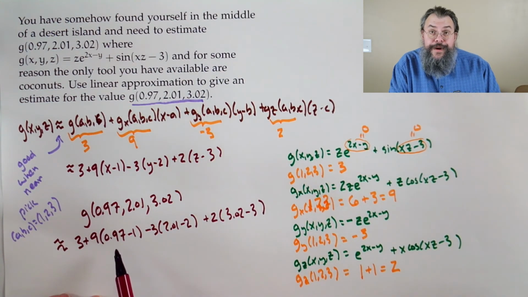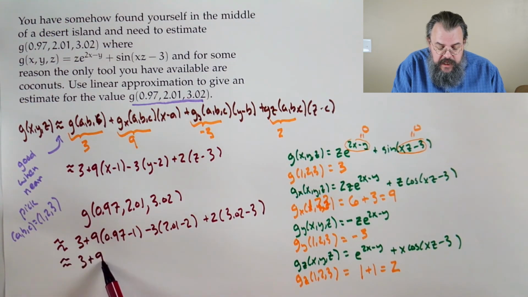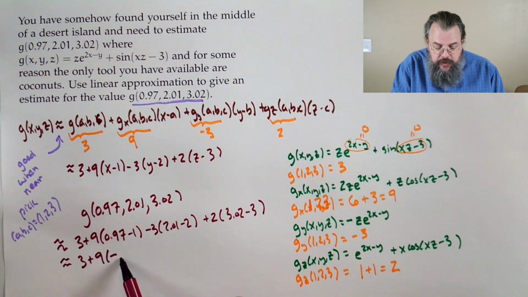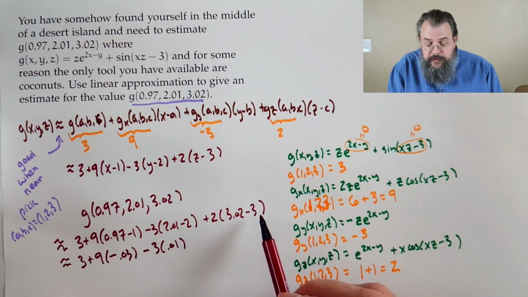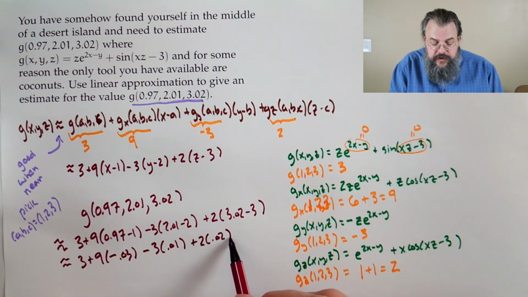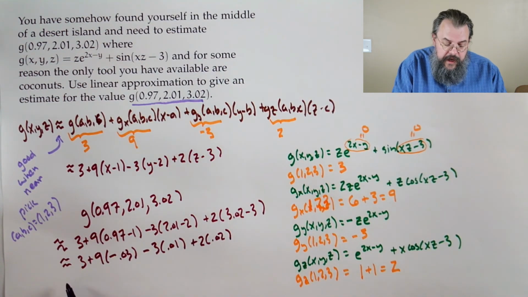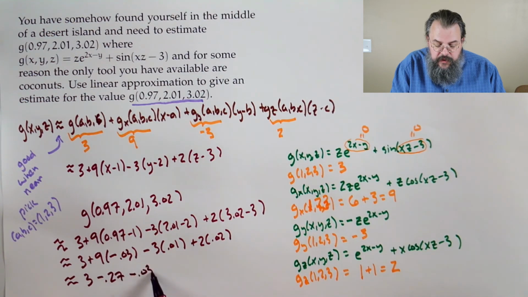Okay, 0.97 subtract 1, well, that would be minus 0.03. 2.01 minus 2 is 0.01, so minus 3 times 0.01. 3.02 subtract 3 is 0.02, so plus 2 times 0.02. All right, well, that is 3 minus 0.27 minus 0.03 plus 0.04.